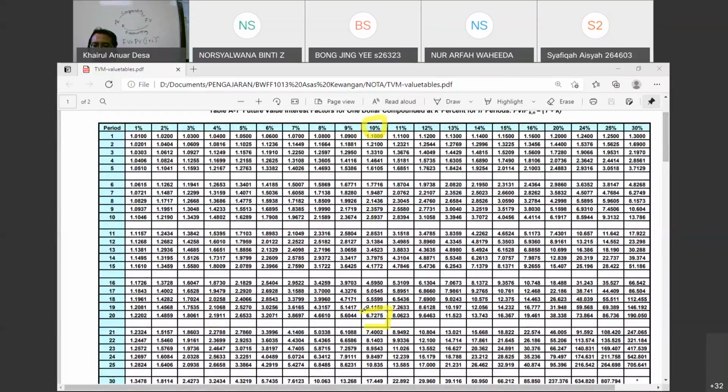Okay, here. Look to your left and you see 20 years here. Alright, boleh nampak? Boleh ikut setakat itu?